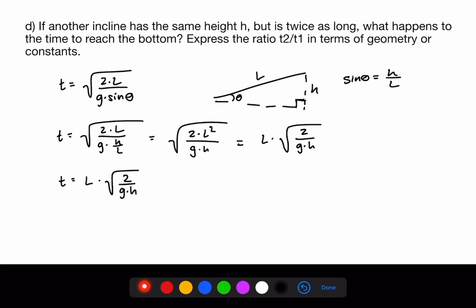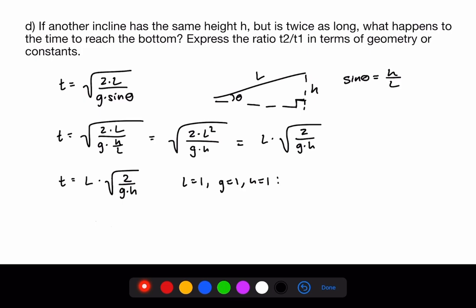If we keep the height the same, everything else in this equation is a constant. But if we double our L, it's simply going to double our time. The way I like to demonstrate that relationship is to make everything 1. So L equals 1, g equals 1, and h equals 1. I know that's not the case, but it'll show our relationship between the two variables a little bit easier.